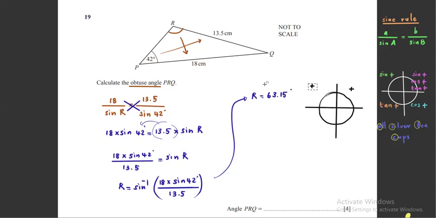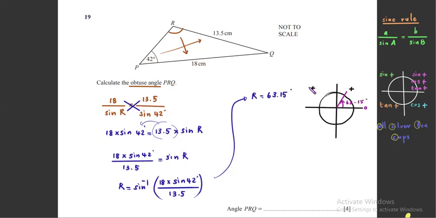Now that we know that sine is positive in the first and the second quadrant, this 63.15 degree angle is the angle in the first quadrant. Because when measuring angles, we start from 0 and go in the anti-clockwise direction. So this is going to be that 63.15 degrees.